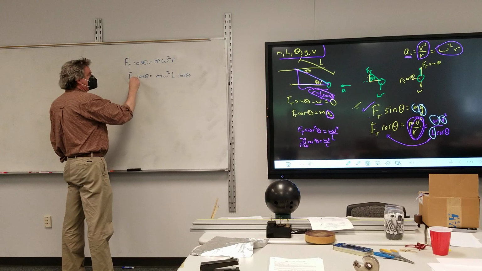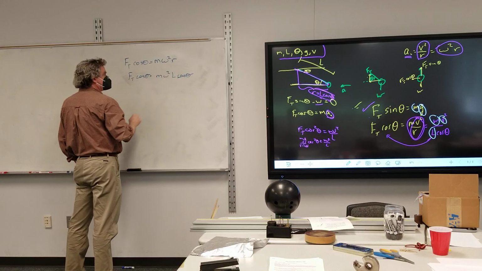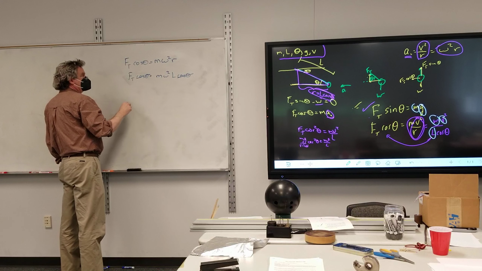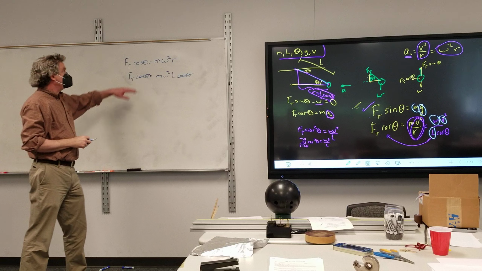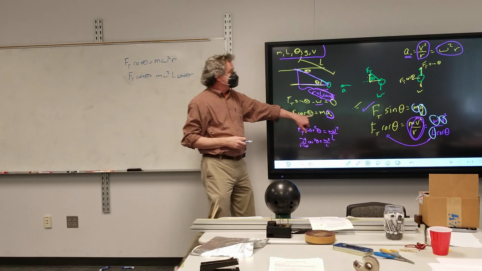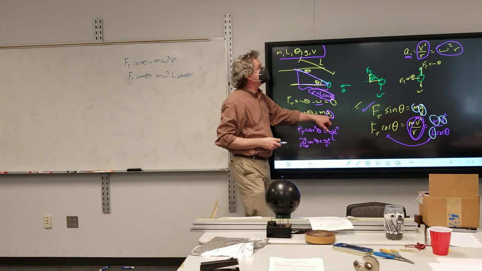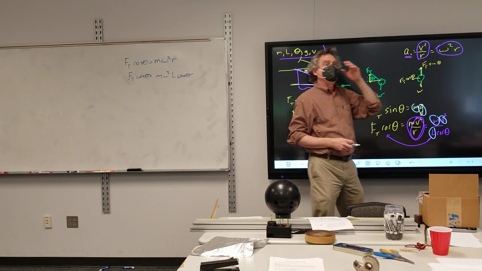This might not be as short as I was thinking. Where did you get that equation from? That's from right here. If I use the other formula for centripetal acceleration, use omega squared r. Oh, okay.